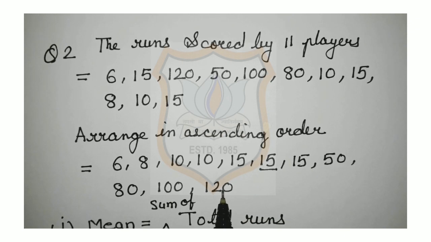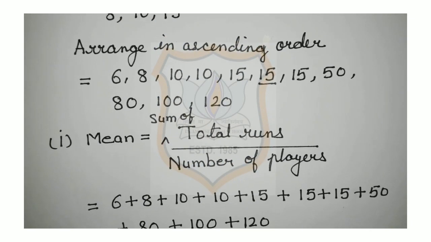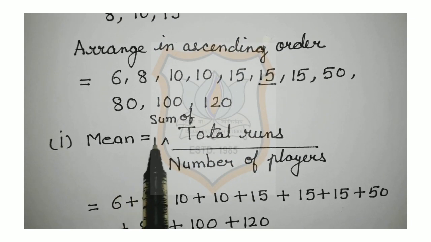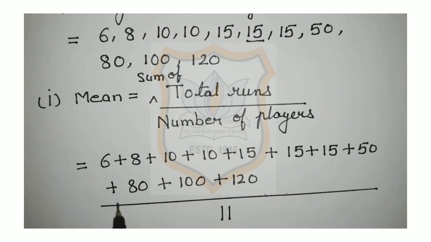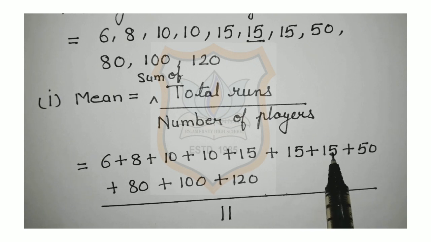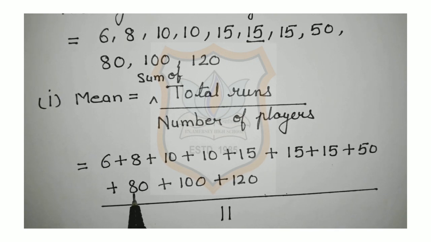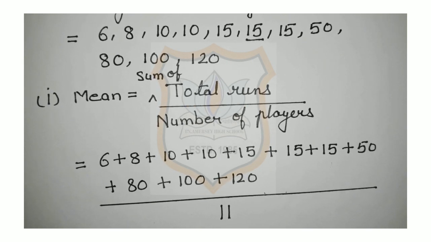Now first I have to find the mean. To find the mean, what is the formula? The formula is the sum of total runs upon the total number of players. So the sum of total runs is 6 plus 8 plus 10 plus 10 plus 15 plus 15 plus 15 plus 50 plus 80 plus 100 plus 120 upon 11, because the total number of players is 11.